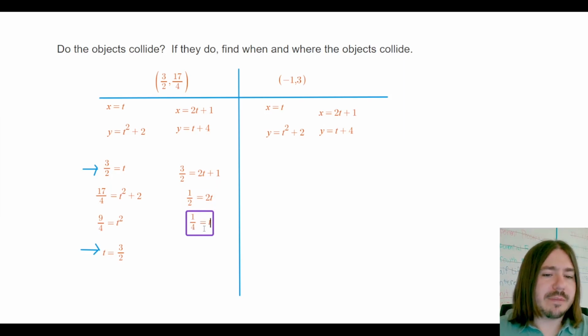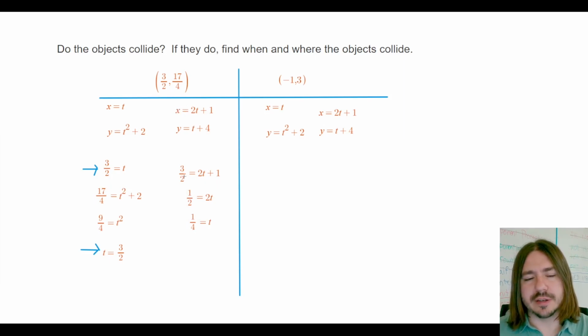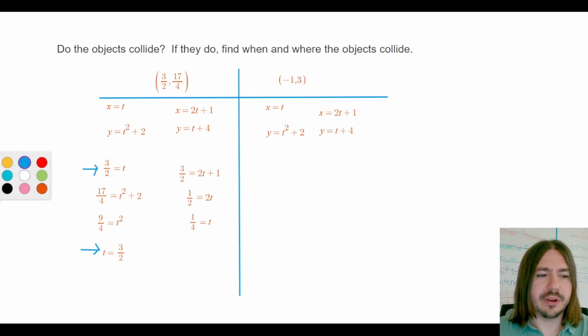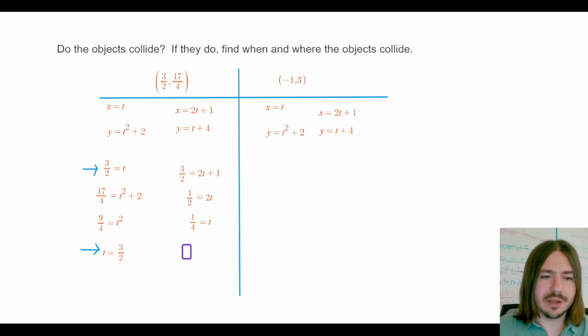Because if I divide by 2, I get 1/4. Okay, this is a different time. So that means the x-coordinate of that second object is not going to be in the right place at the right time. So no collision here. Okay, so we can just stop here because we do need the same time for this point. So no collision.